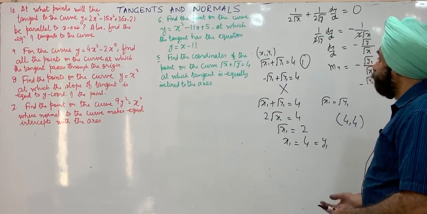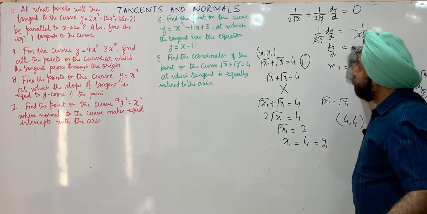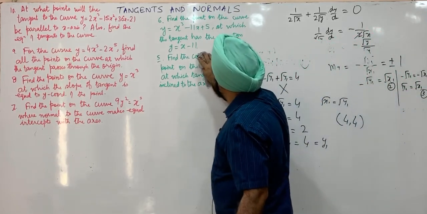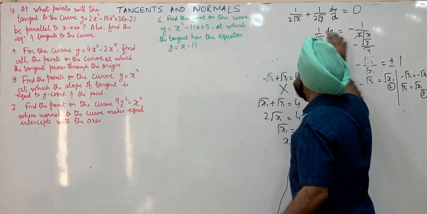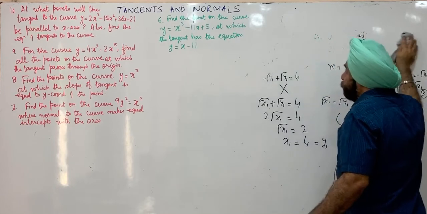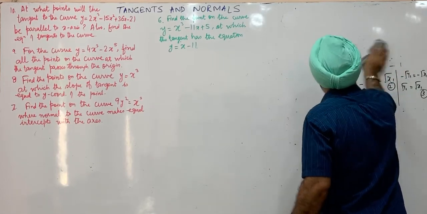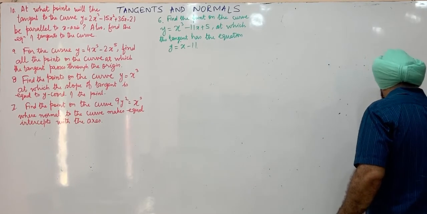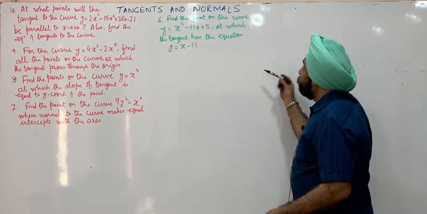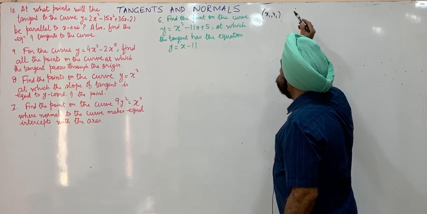The next one, we have to find the point on the curve. It's a cubic parabola, y is equal to x cube minus 11x plus 5, at which the equation of the tangent is given, y is equal to x minus 11. So let the point be x1, y1.